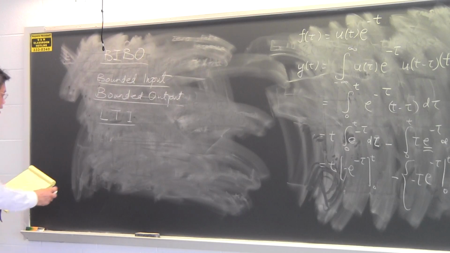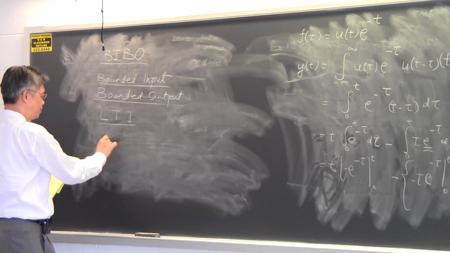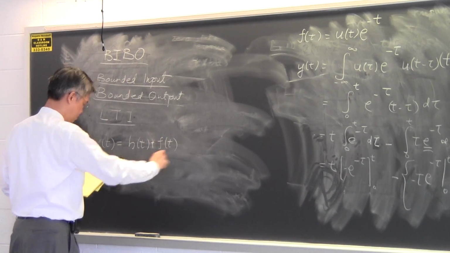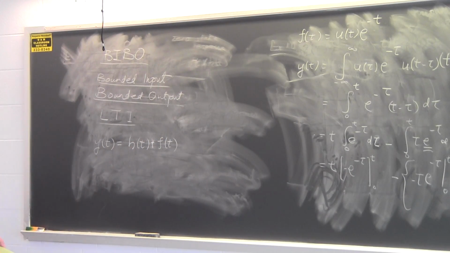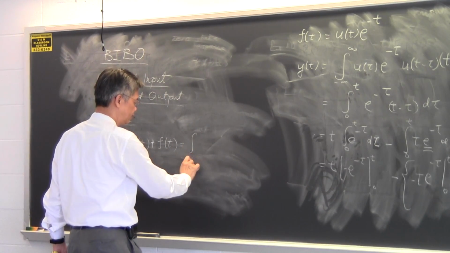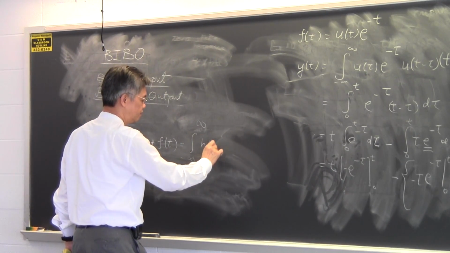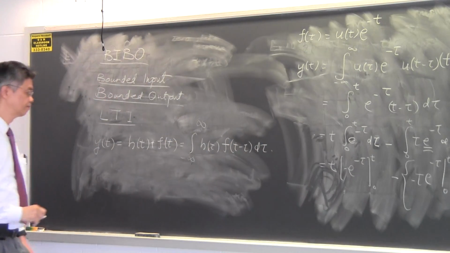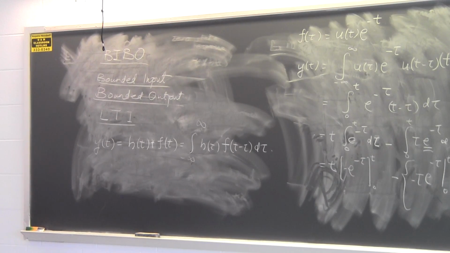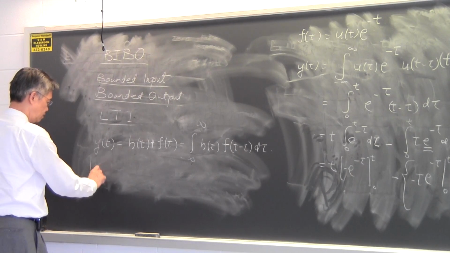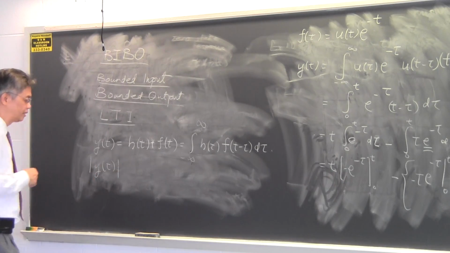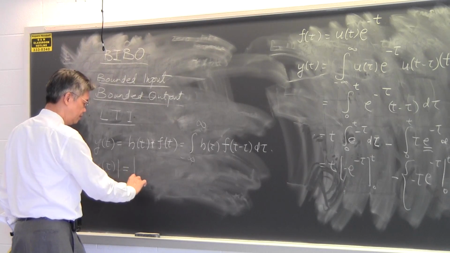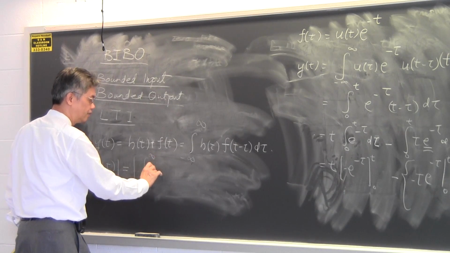Let's say that the output is equal to the impulse response convolving with the input. By definition of what we had before, this is just equal to the integral of h(tau) f(t minus tau) d tau. If the output is bounded, it means that this quantity must be a finite quantity, and this must be equal to the magnitude of this quantity.